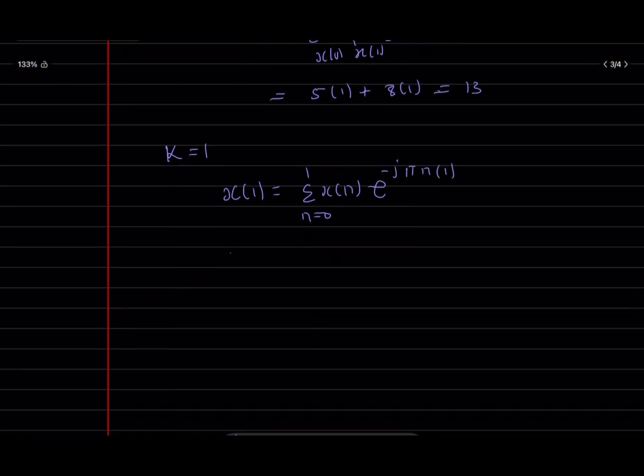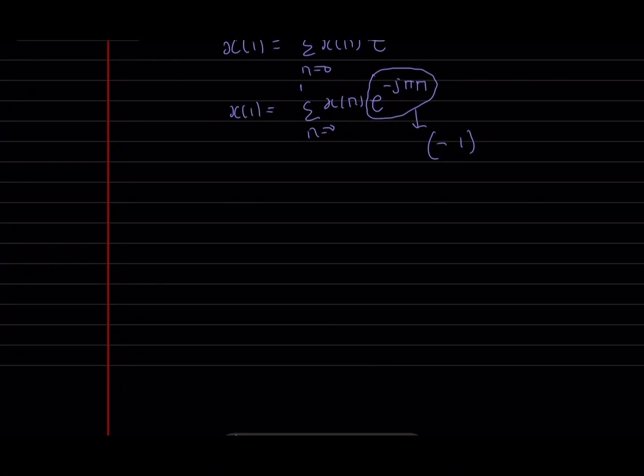At the end of the day, we are going to get X of 1 equal to the summation from n equal to 0 to 1 of x of n, exponent negative j pi n. So this is what we have. And when you punch this into a calculator, you are going to get negative 1, right? Looking at this, we can say that when n is equal to 1 here, the simplification of exponent negative j pi n is going to give us negative 1.